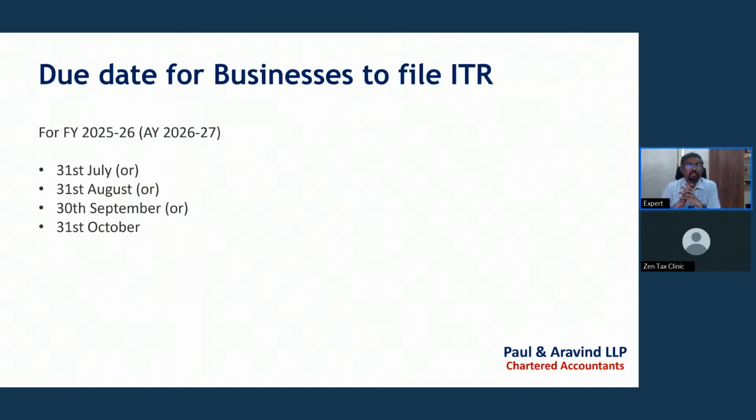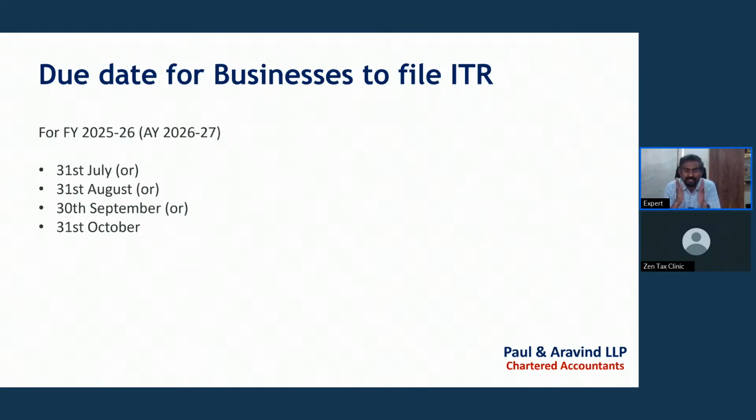The due date for businesses to file ITR, whether for the financial year 25-26, that is the assessment year 26-27. From the current year, we have absolutely no discussion about this concept of previous year and assessment year at all. We are going to be talking about the tax year.